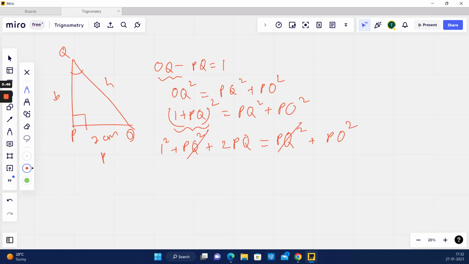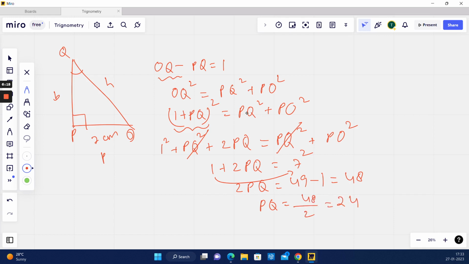So PQ square get cancelled, right? We know the value of PO, that is 7 centimeter. So 1 plus 2 PQ equal to 7 square, right? So this is 2 PQ equal to 7 square, that is 49, minus 1. This minus will come this side. This will become 49 minus 1 equal to 48. So PQ is 48 by 2, which is 24.